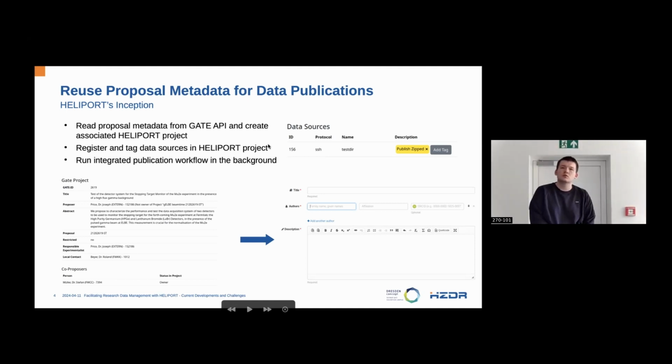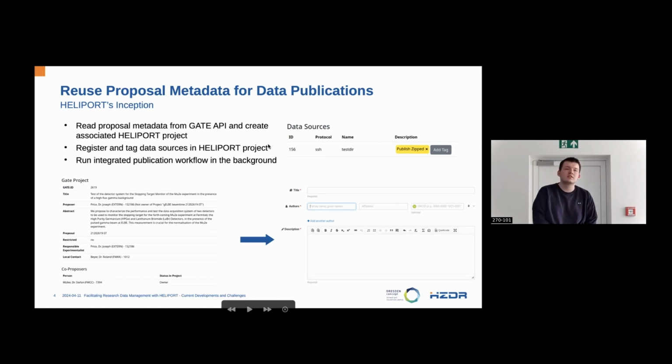And once it would come to a data publication after the experiment, they would need to enter these metadata again. We wanted to provide an improvement over that so that you don't have to enter things twice and potentially make errors.